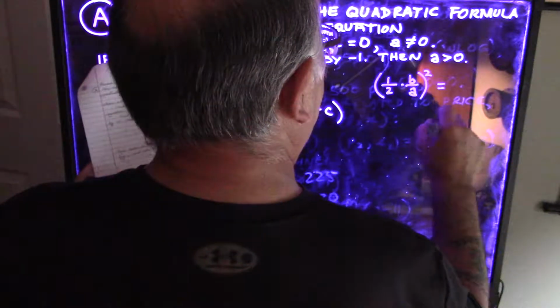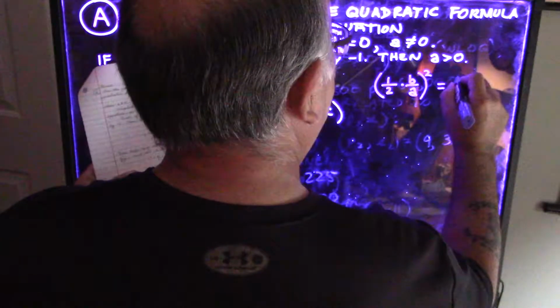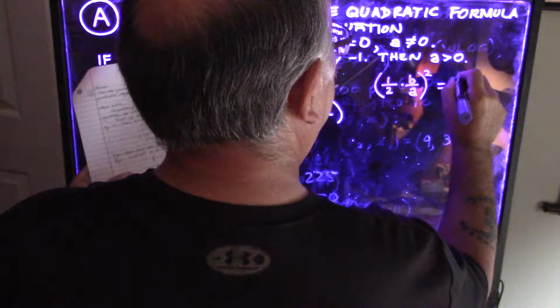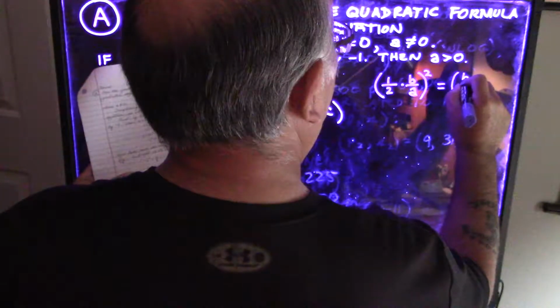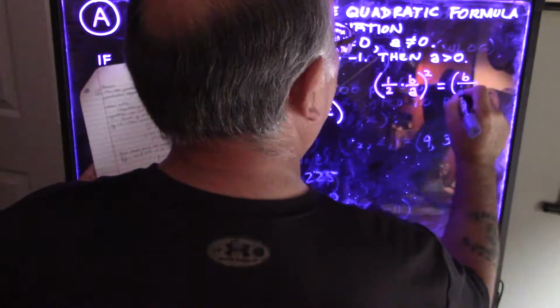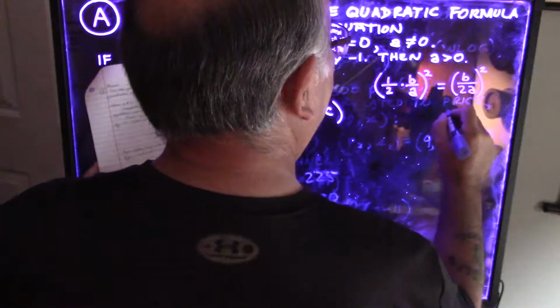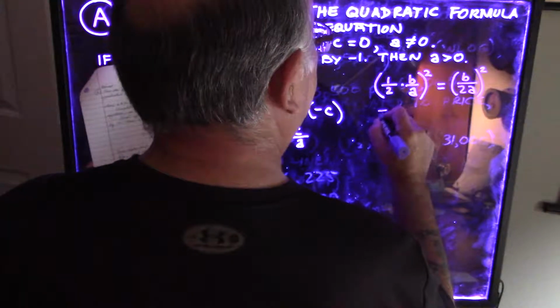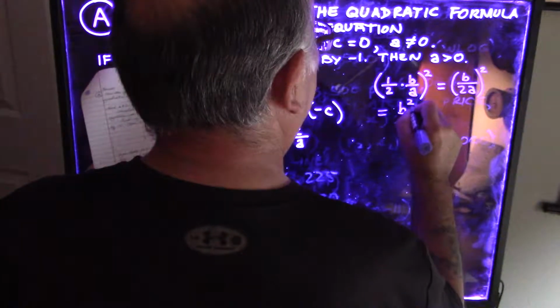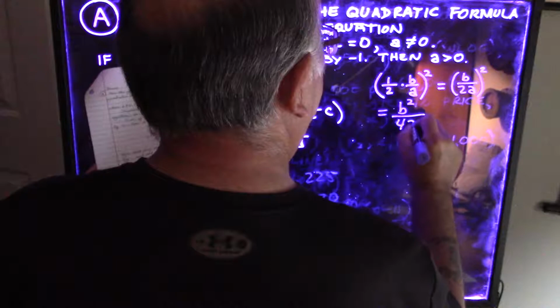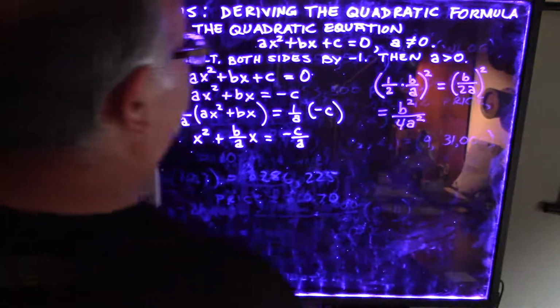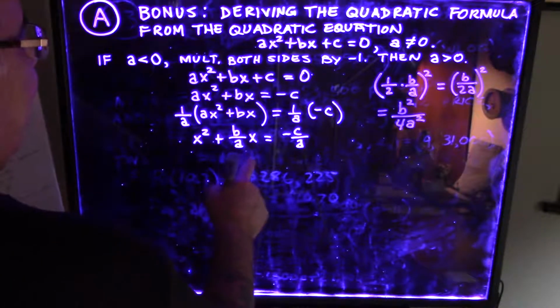So that equals b over 2a, and then we're going to square that, so we get b squared over 4a squared. And we're going to add that to both sides.